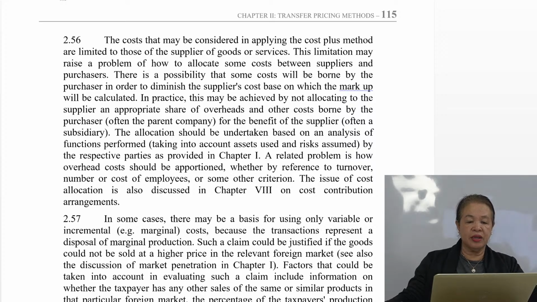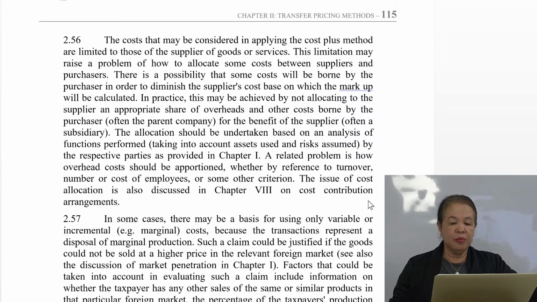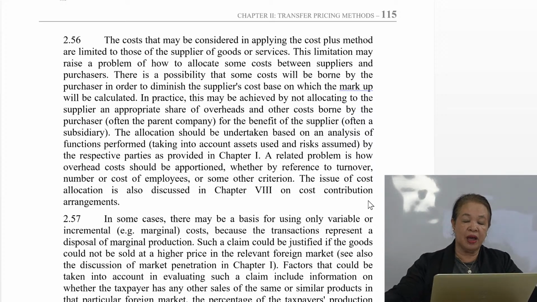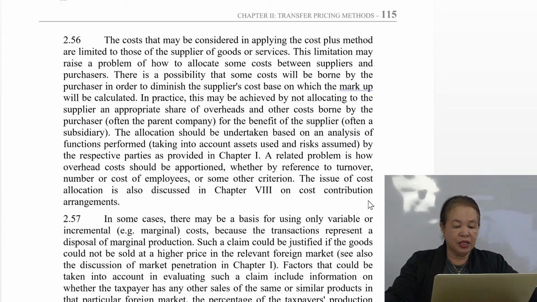This limitation may raise a problem on how to allocate some costs between suppliers and purchasers. There is a possibility that some costs will be borne by the purchaser in order to diminish the supplier's cost based on which the markup will be calculated. So in practice, this may be achieved by not allocating to the supplier an appropriate share of overheads and other costs borne by the purchaser, often the parent company, for the benefit of the supplier, often a subsidiary.